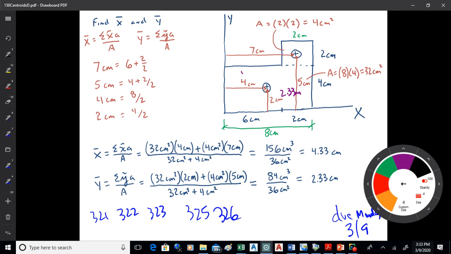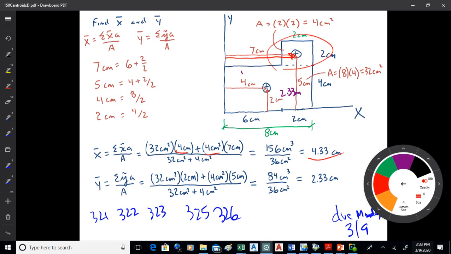So 32 is the area of the large rectangle times 4, which is the distance to its centroid from the y-axis, plus 4, which is the area of the smaller rectangle, times 7, which is the distance from the y-axis to its x-centroid. The total area is 36, so we add the products together, divide by 36, and we get 4.33.